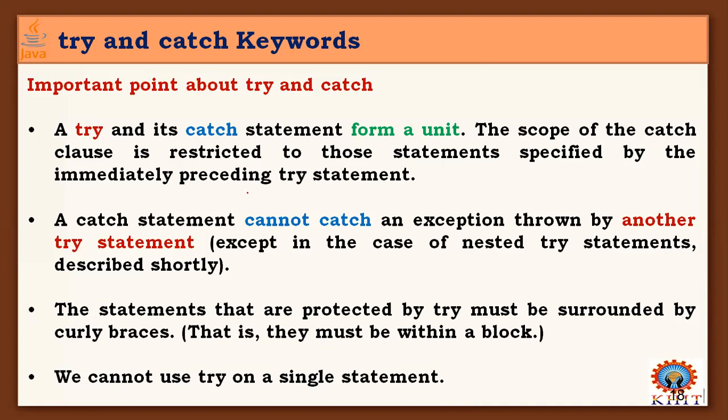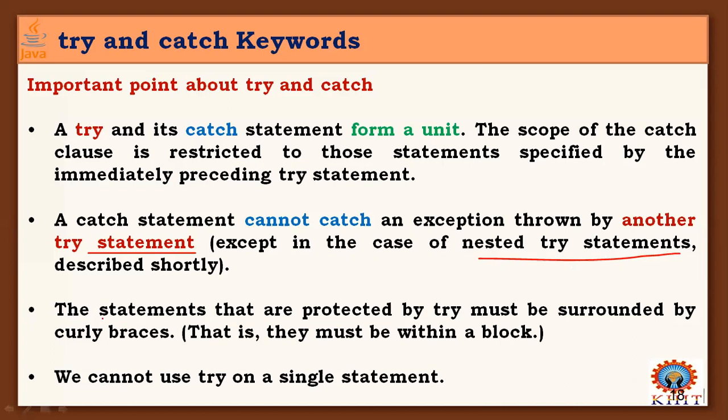But exceptions generated by the try one block cannot be handled by the catch two block as an exception handler. This is not the case in any program. That is the thing here. A catch statement cannot catch an exception thrown by another try statement, but it is possible in nested try statements. Right? Nested try, and we are going to see this topic shortly.